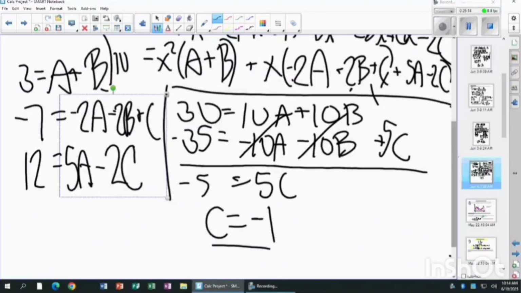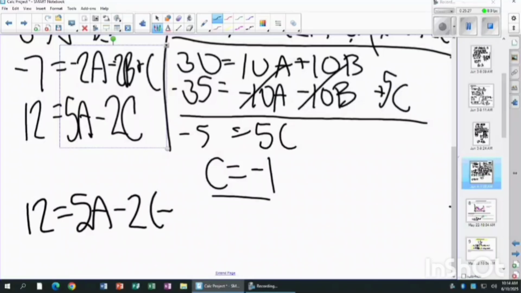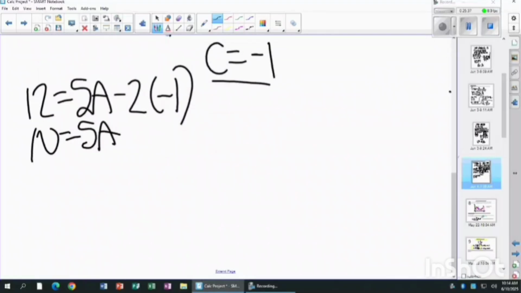So 3 equals a plus b. Or no, I'll solve for a now. Okay, yeah, so I solve for a. So 12 equals 5a minus 2 times negative 1. That is 12 equals 5a plus 2. Subtract 2. 10 equals 5a. And then we have a equals 2.